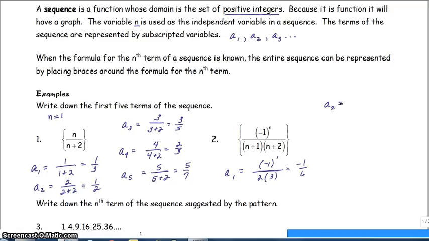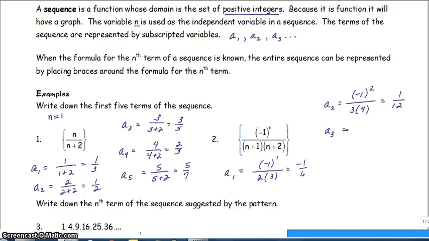Continuing that pattern, a sub 2 would be -1 squared, which means that our answer would be positive, over 2 plus 1 or 3 times 2 plus 2 or 4, which would give us a positive 1/12.